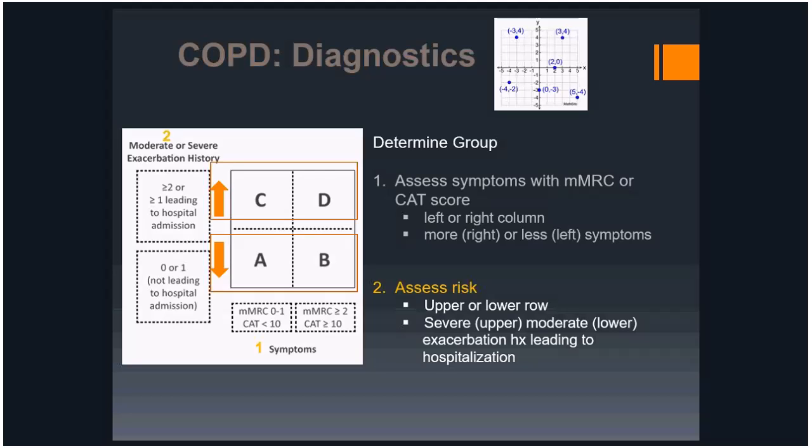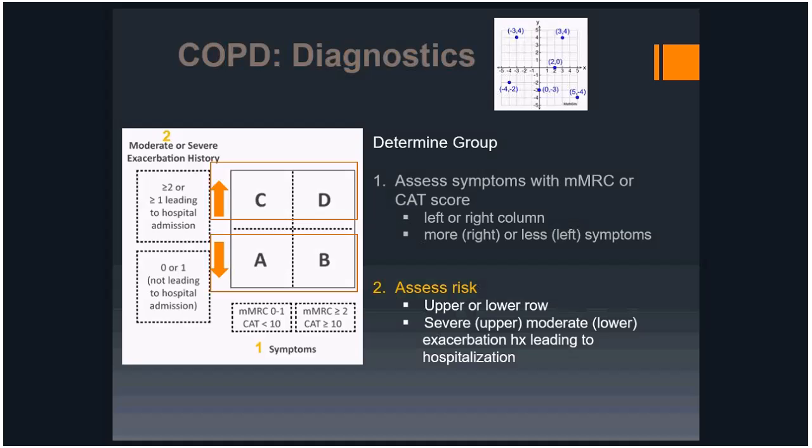If it is 0 or 1, or 0 to 1 exacerbations that did not lead to a hospital admission, they end up in the lower row, meaning they have moderate or lower exacerbation history or exacerbation risk. And so depending on whether you were right or left column, now you're determining upper or lower row.